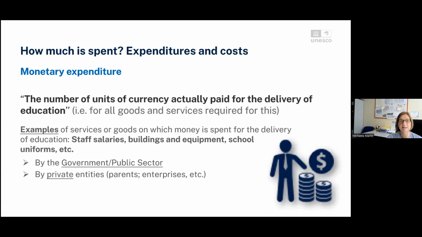And when we're doing this analysis of the first question, how much is spent, we are basing ourselves on monetary expenditure. So the number of units of currency actually paid for the delivery of education. In terms of our currency, how much do we spend on services, on goods, for the delivery of education, in terms of staff salaries, buildings, equipment, school uniforms.